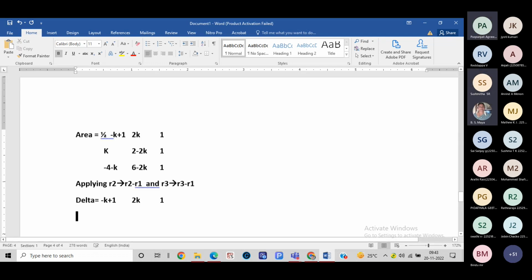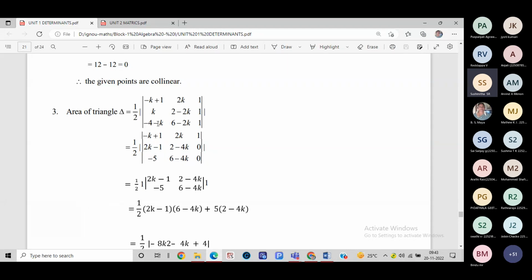Second row: k minus, minus into minus plus k minus 1, plus k minus 1 will get 2k minus 1.